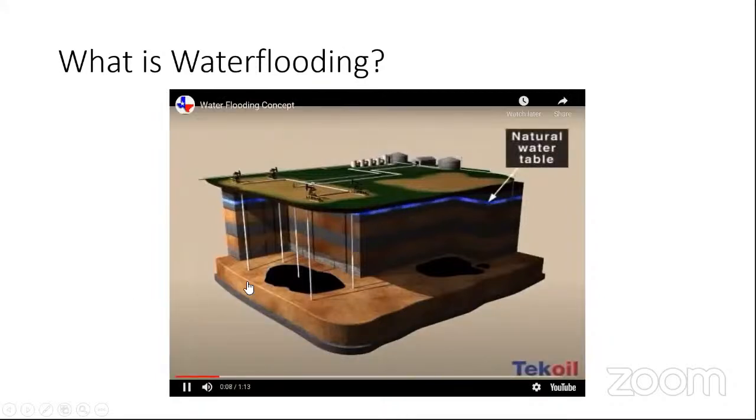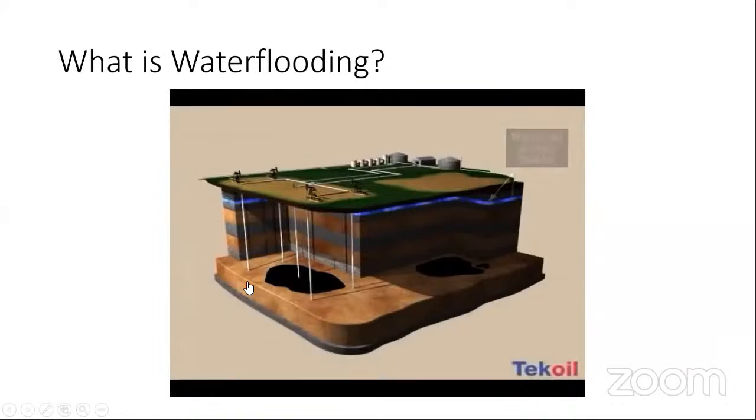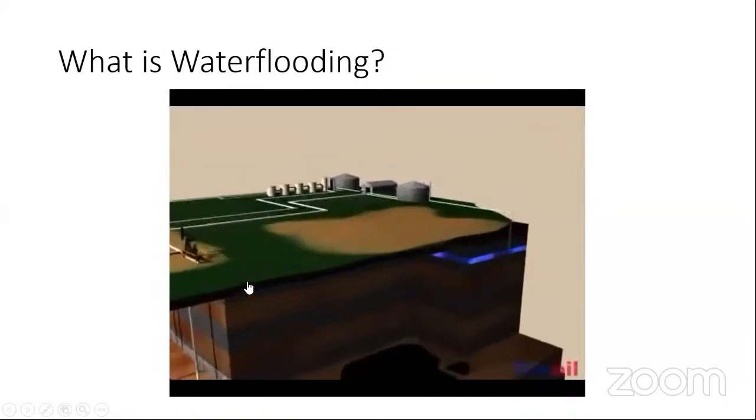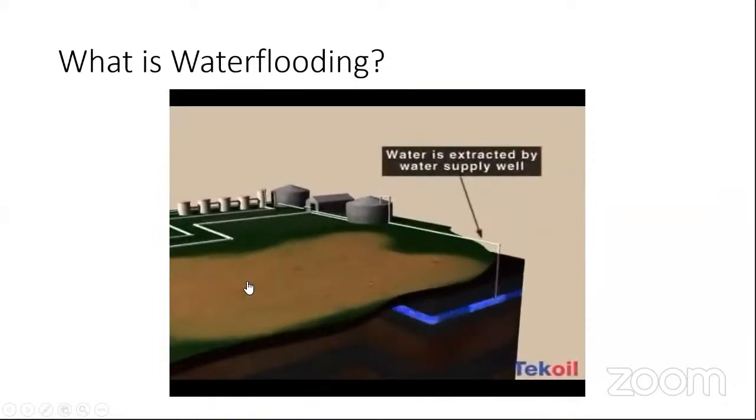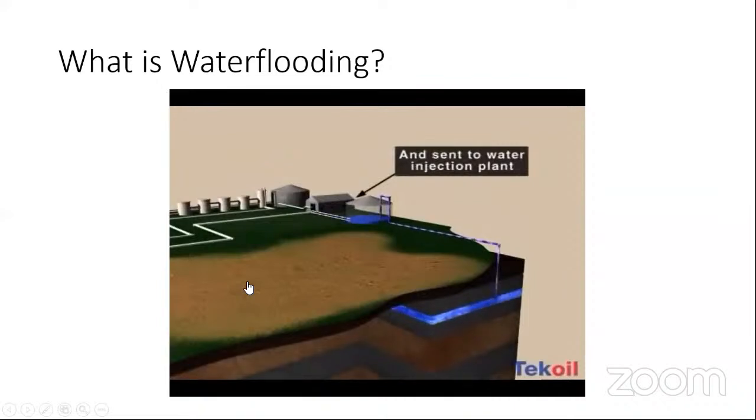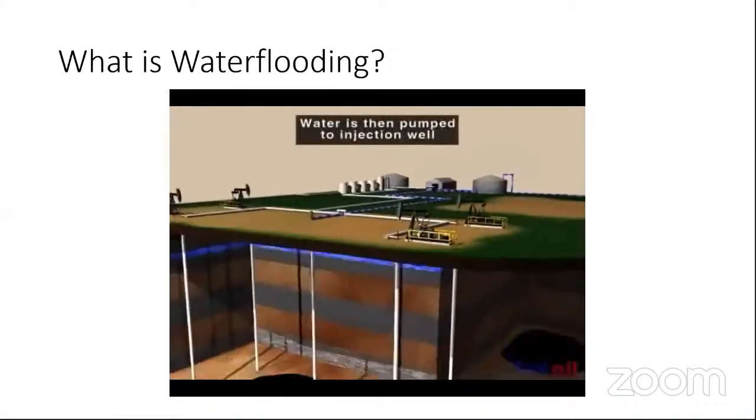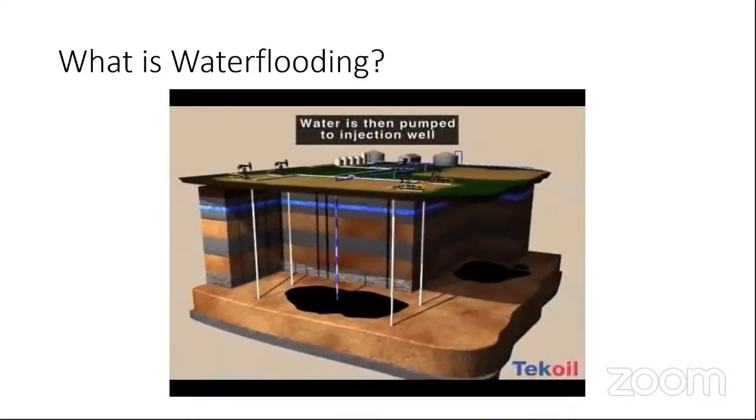So you have a natural water table. Water is extracted by a water supply well, sent to an injection plant. Water is then pumped into an injection well.